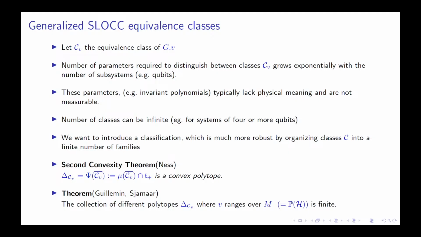And there is a theorem which says that the collection of different polytopes is finite. Each polytope characterizes some class of entanglement. This is something which we call entanglement polytopes.